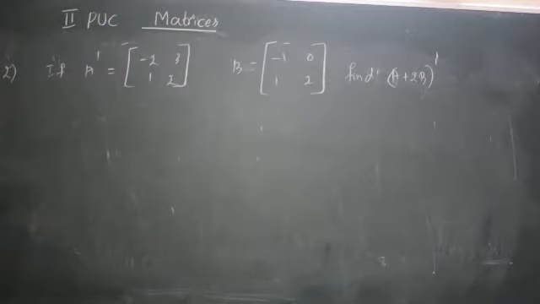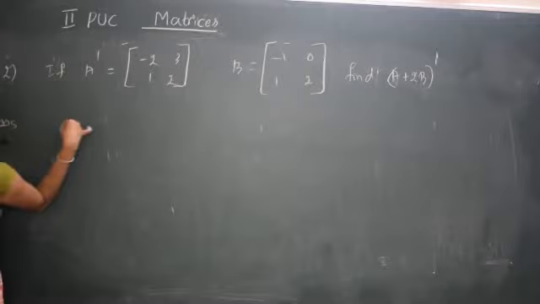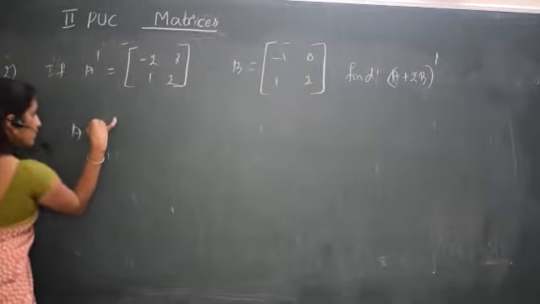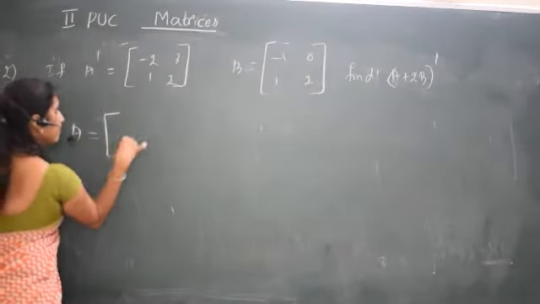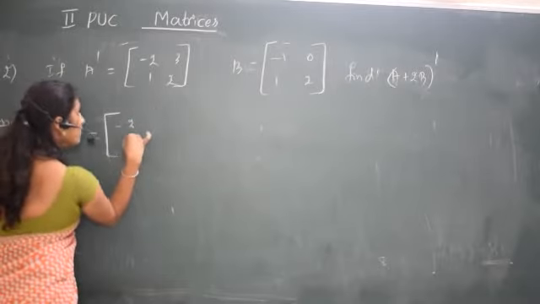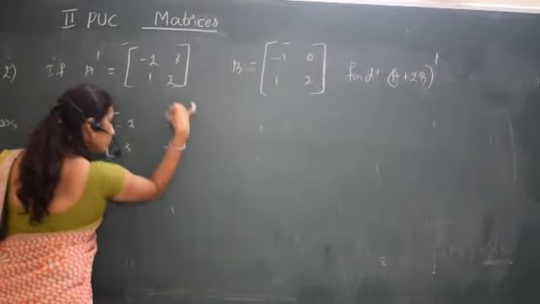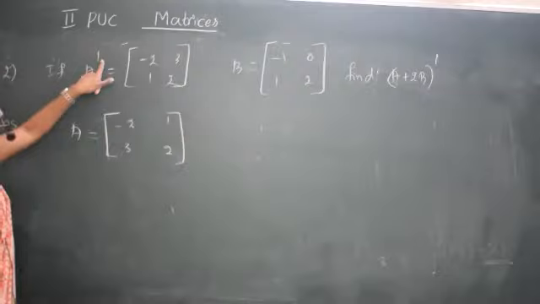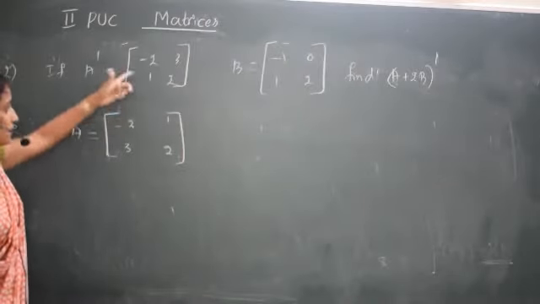So for that, first we have to calculate what is A. A transpose is given, so find out A. So A is equal to the transpose of that: minus 2, 3, 1, and 2. So we have to find A from A transpose, so write it by interchanging rows.